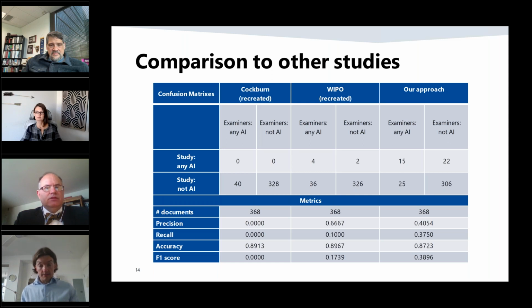The bottom line is that with the examiners, this is a very, very hard problem. If you use the machine learning approach, at least this implementation that we used, you end up getting higher recall, lower precision, and when you average them out, it tends to be higher than these other 2 approaches. But the bottom line is it appears to be a very, very hard problem.